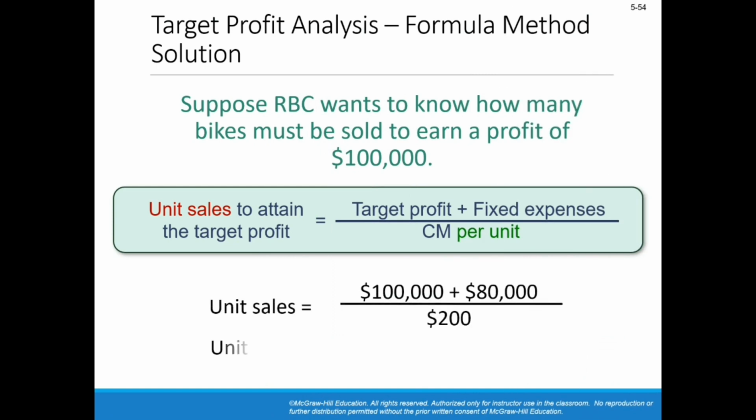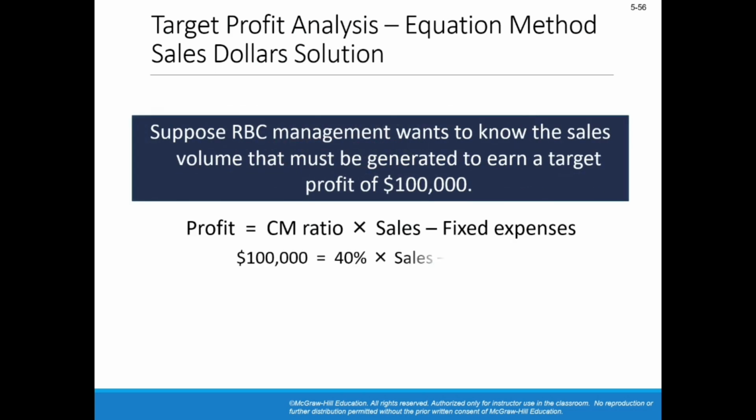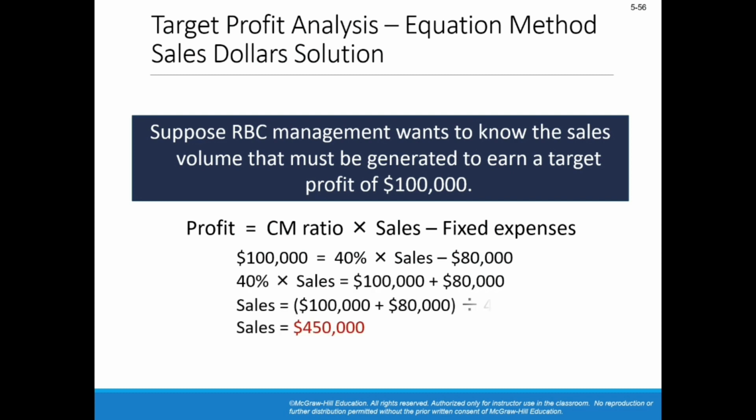We already covered that. We can also use this for the sales dollars. We already introduced this. They are slow. We are faster than them. And this is how to get sales required to get a certain amount of profit. So you need to sell $450,000 to make a profit of $100,000.